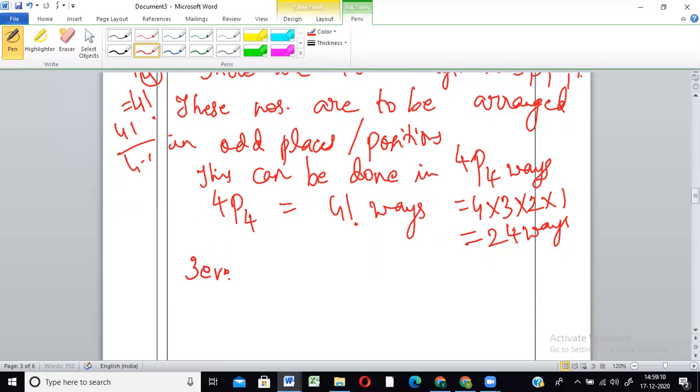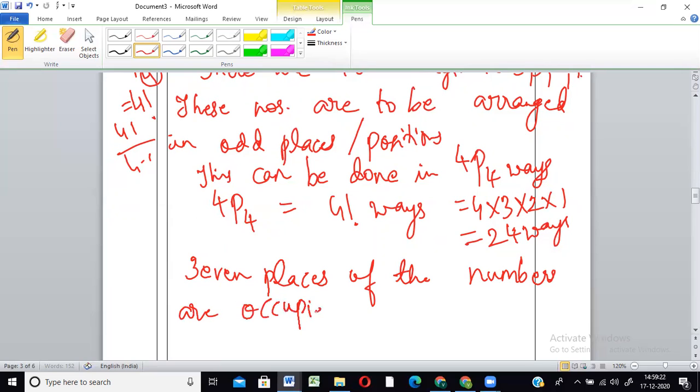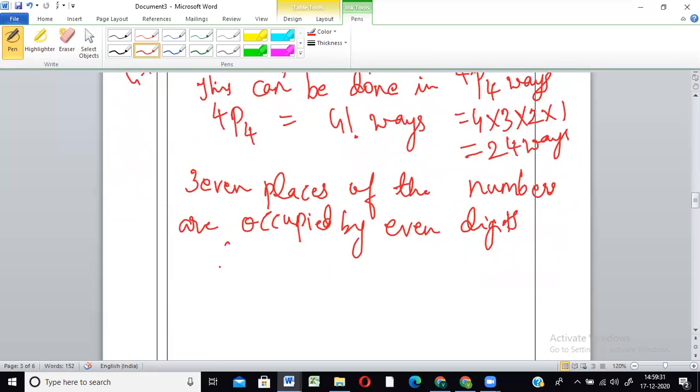So the 3 remaining even places are occupied by even digits. So what are those even digits remaining now? 2, oh sorry, 2 is not there, it's starting from 3, right?